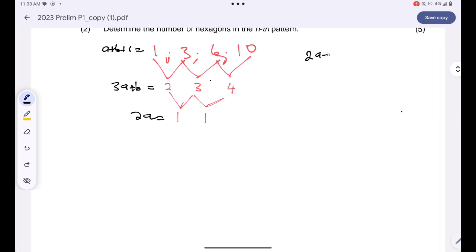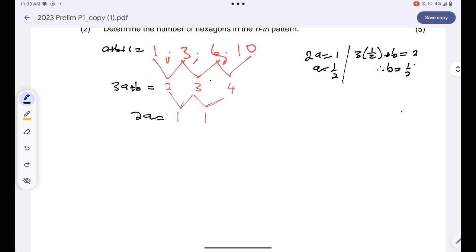So I can simply find a, which will be equal to a half. I know that 3a plus b is equal to 2. Therefore, b is basically equal to 2 minus 3 over 2. That's just positive 1 over 2, right?